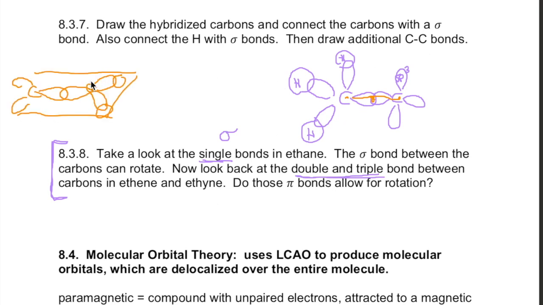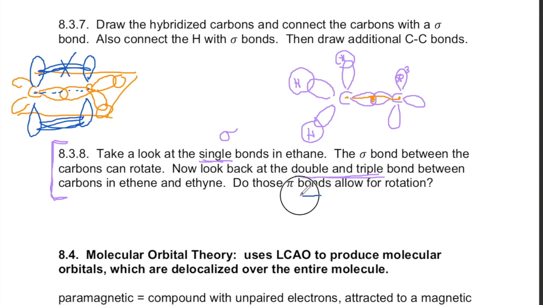So revisiting our picture of ethene, we have that pi bond that is above and below the plane. So here's our overlap of the pi bond. And if you twist one of these carbons around this axis that's drawn in a dotted line, you have to break this overlap in order to twist and rotate this carbon around this bond.